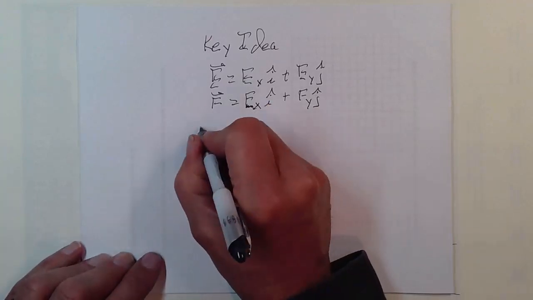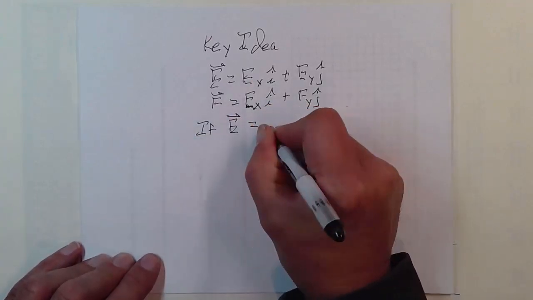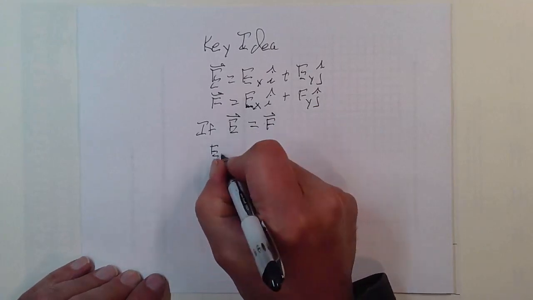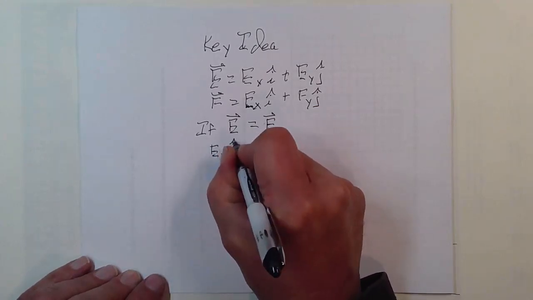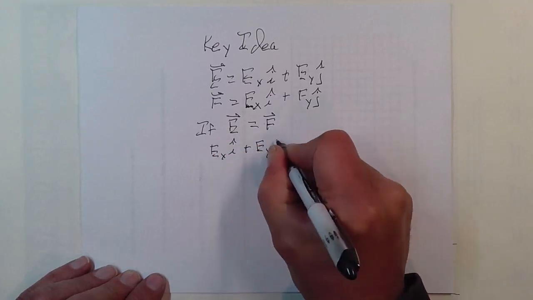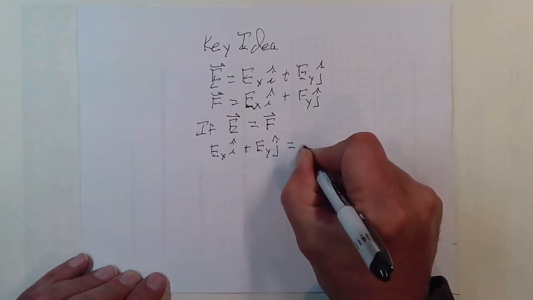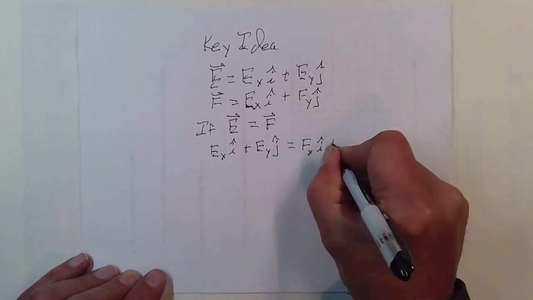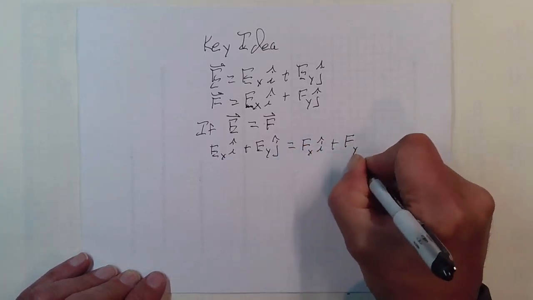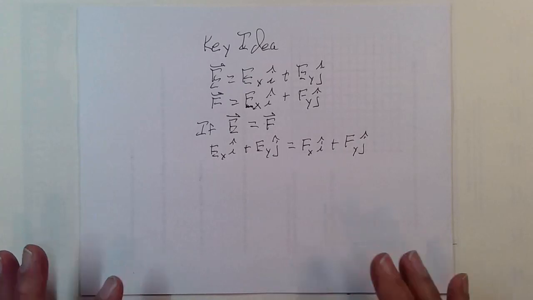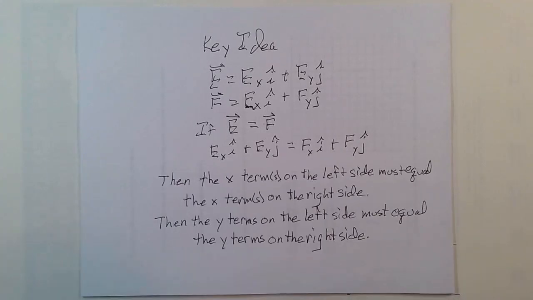Now, if E is equal to f, that means that E sub x along i hat plus E sub y along j hat will equal f sub x along i hat plus f sub y along j hat. That seems like a simple idea so far. If that's true, then the following is true.